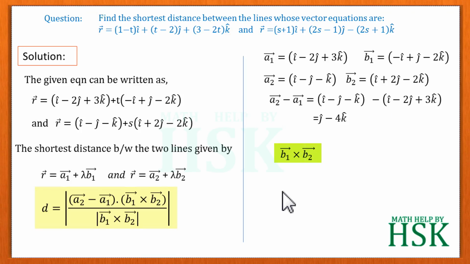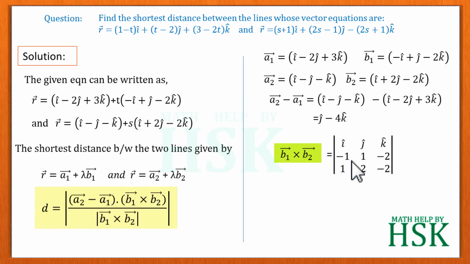Now b1 cross b2 is the cross product of these two vectors. For this I write i j k in the first row, the coefficients of i j k for the vector b1 in the second row, and the coefficients for the vector b2 in the third row.